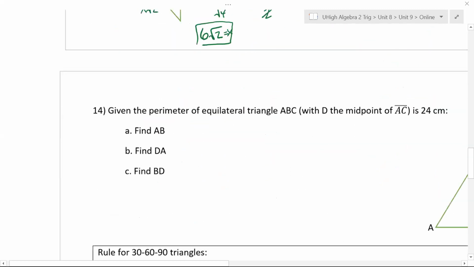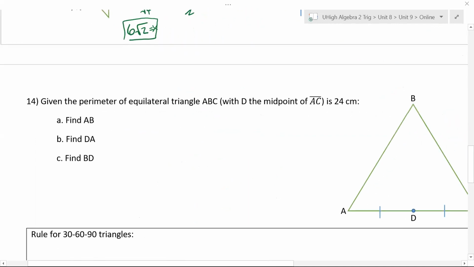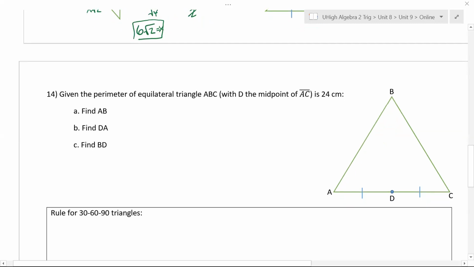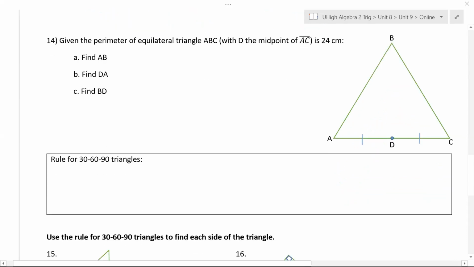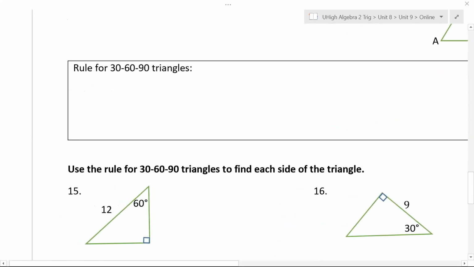All right, so now we are going to want to look at an equilateral triangle. So actually, I'm going to let you guys do number 14. And I'm just going to do the rule for 30, 60, 90 triangles with you guys.